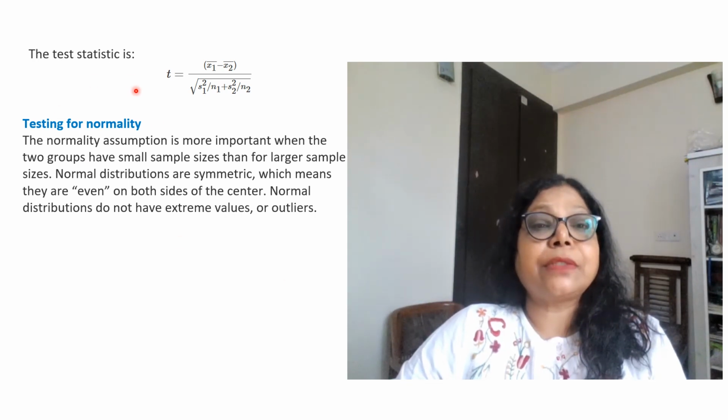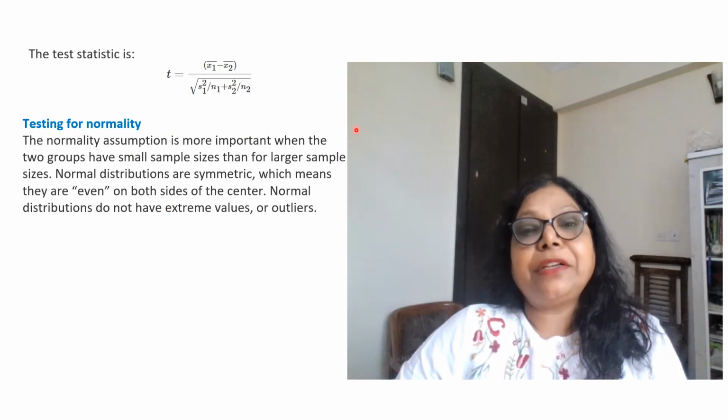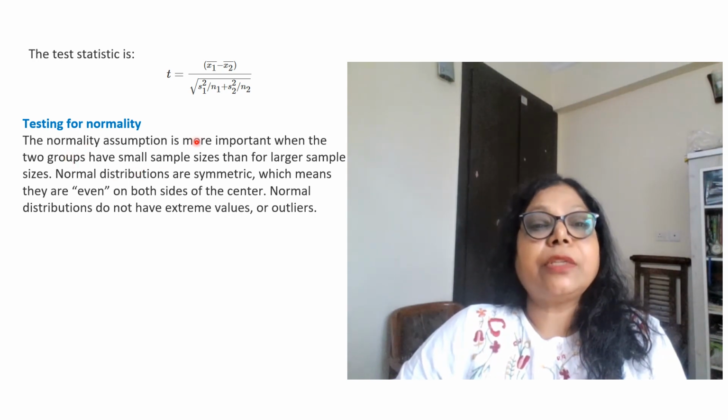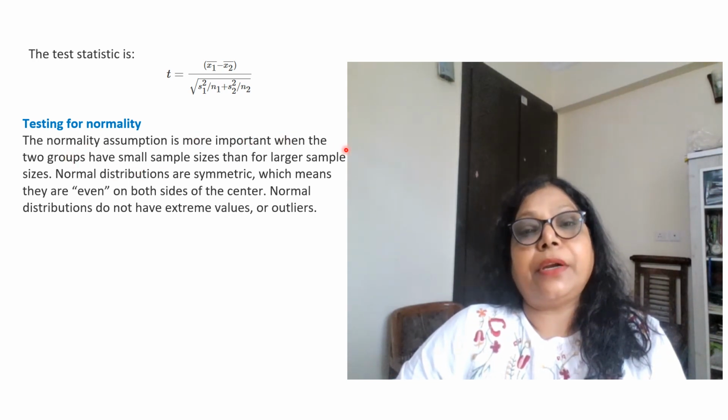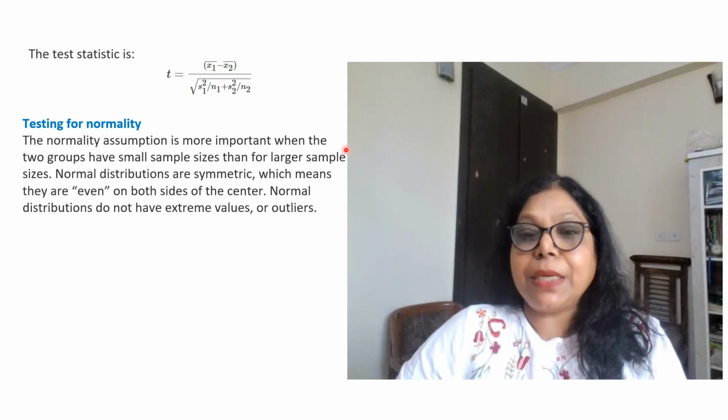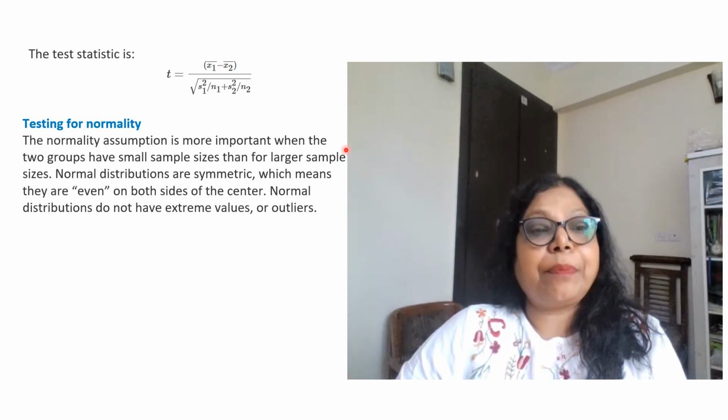The test statistic becomes t equals x1 bar minus x2 bar divided by the square root of s1 squared upon n1 plus s2 squared upon n2. The numerator is the same, the difference between the averages of the two groups, and the denominator is an estimate of the overall standard error of the difference between the means, based on the separate standard error for each.